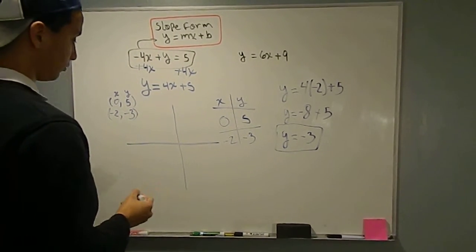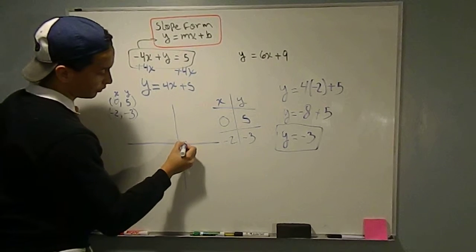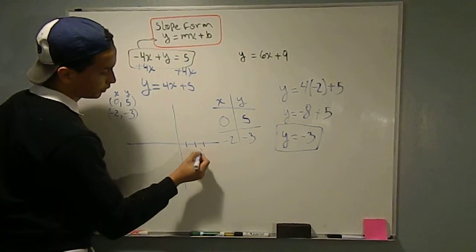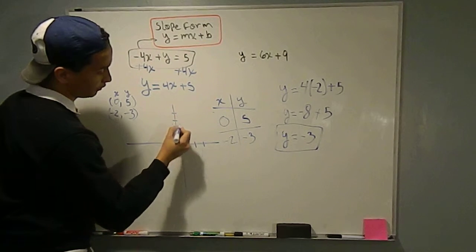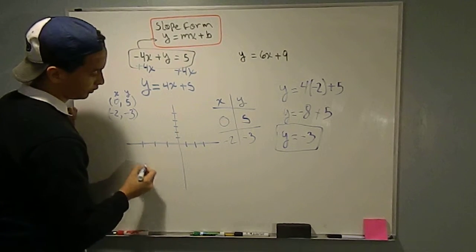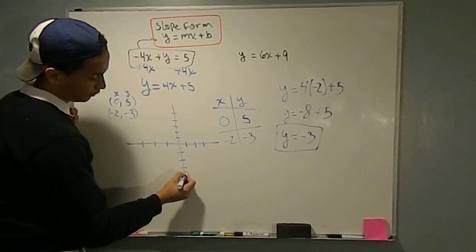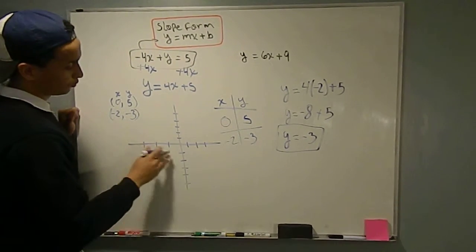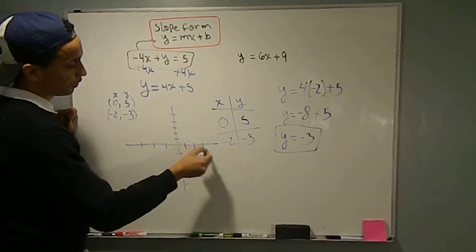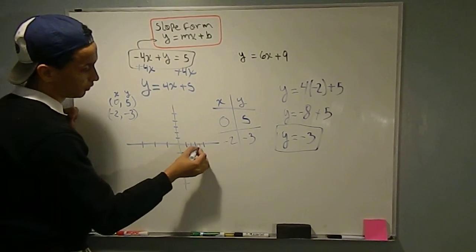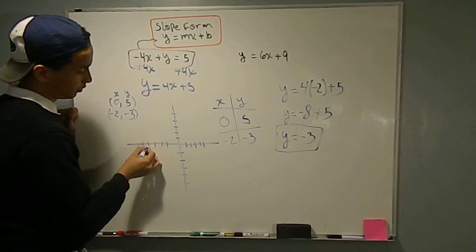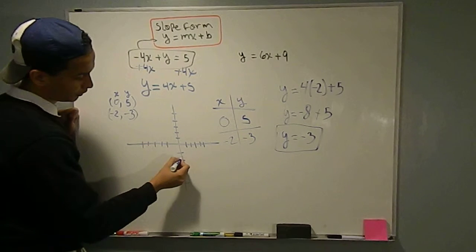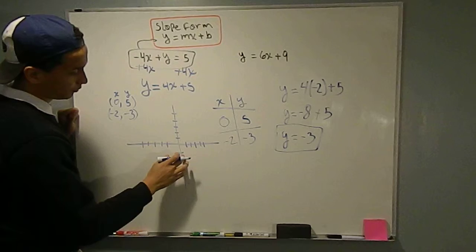So I'm going to draw a little graph here, counting 1, 2, 3, 4, 5 along each axis. The number of points doesn't really matter. You can do 5 if you want. Actually, let's do 5.